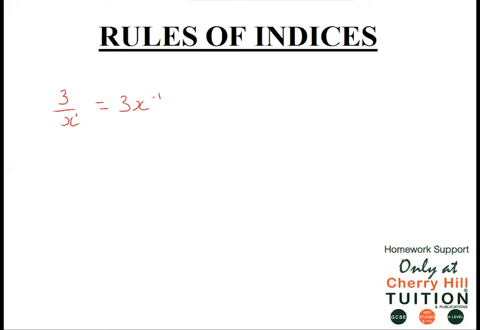Okay, so another example would be 4 over x to the power minus 2. This can be written as 4x to the power of 2. So we change the sign in the power into a plus from a minus.